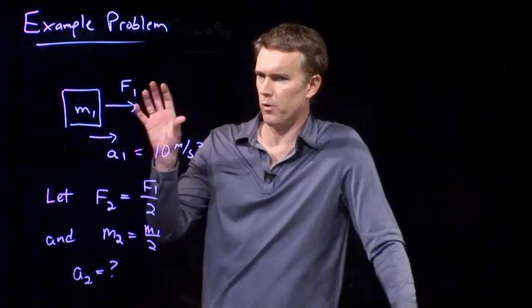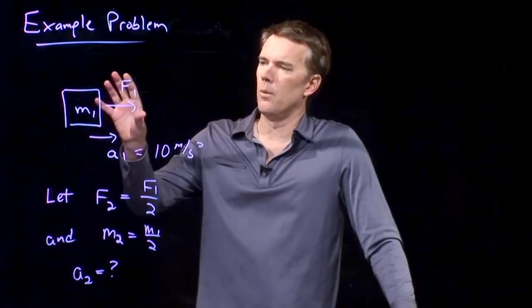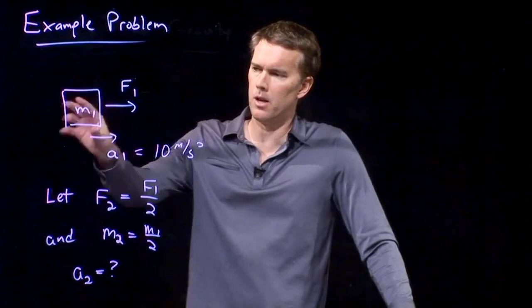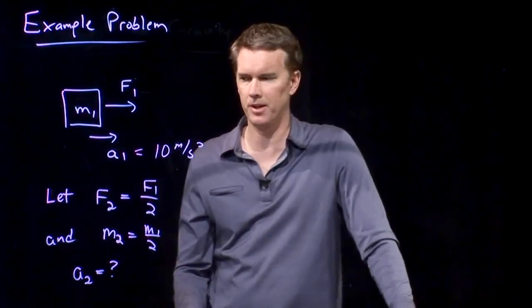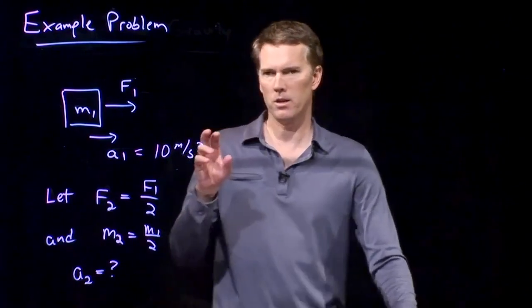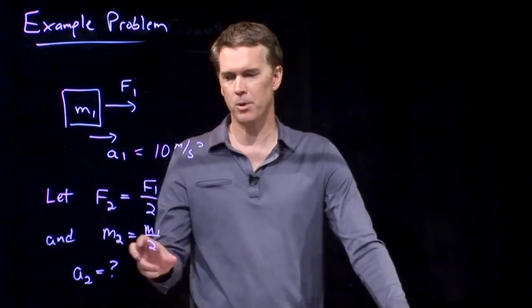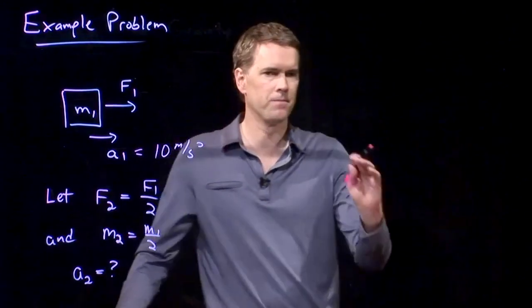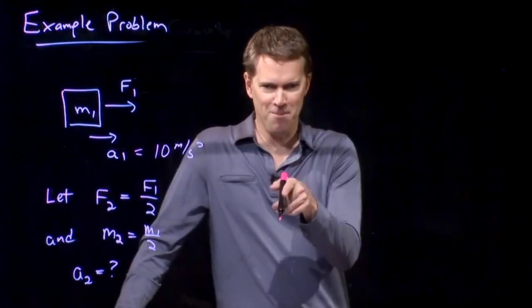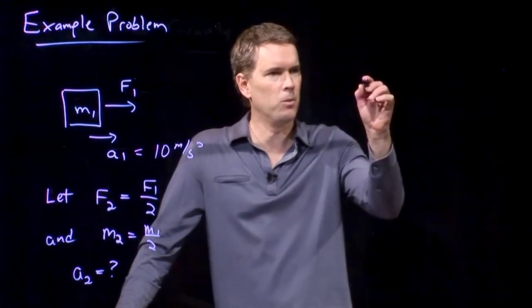All right, let's try one more where we cut down both the force and the mass. Here, let's look at this force problem again. We had a force F1 acting on M1, and it accelerated that particle at 10 meters per second squared. And now we're going to cut the force in half, but we're also going to cut the mass in half. And we want to figure out the new acceleration. So, what's your name, Mai, in the front? Mai, what's your guess?